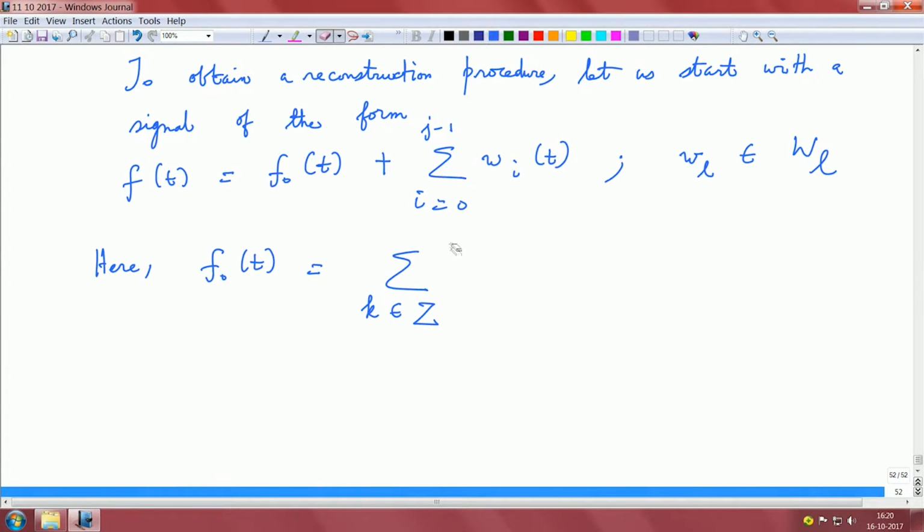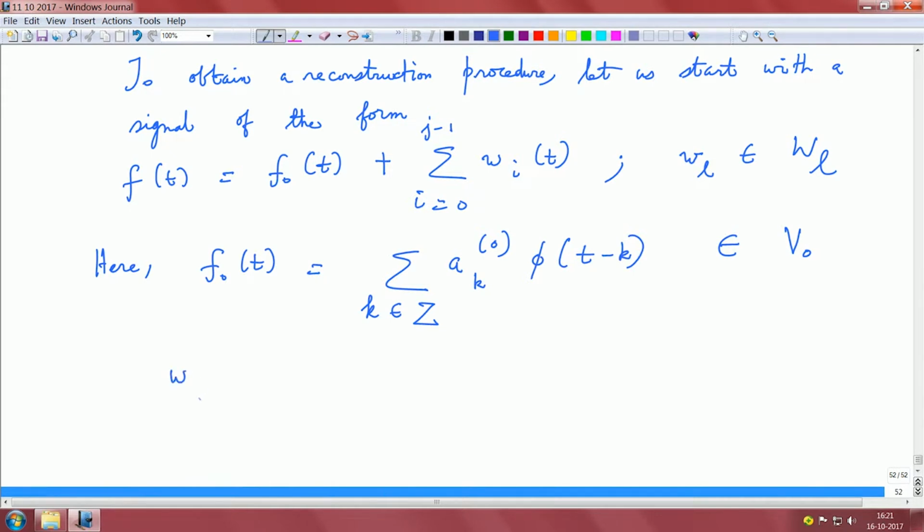So, I will call this as a k 0 phi of t minus k, and of course, this belongs to the space V 0.